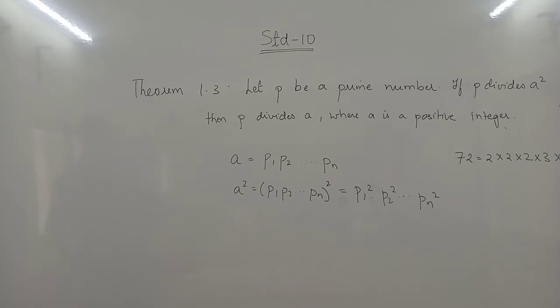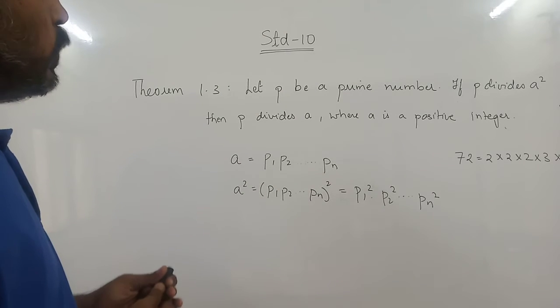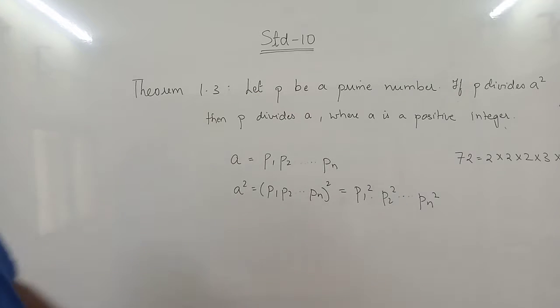Now, what is told to us? What is given to us? We just represent any number A as the product of its primes, so A square is this. Now we are given that P divides A square. Means P is one of the factors of A square.